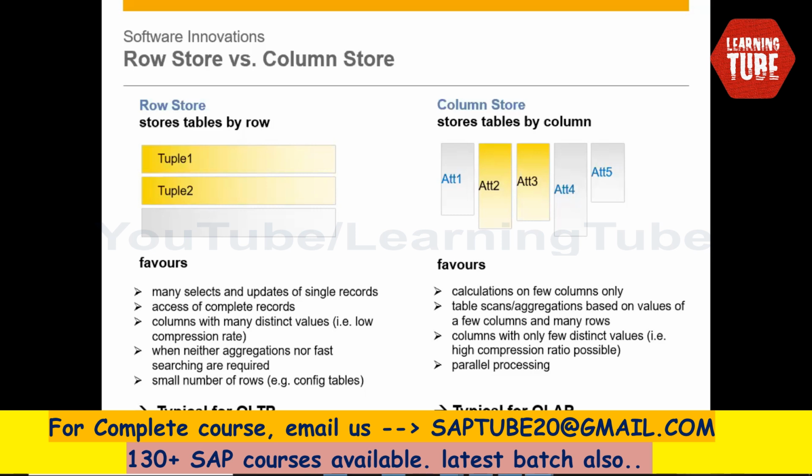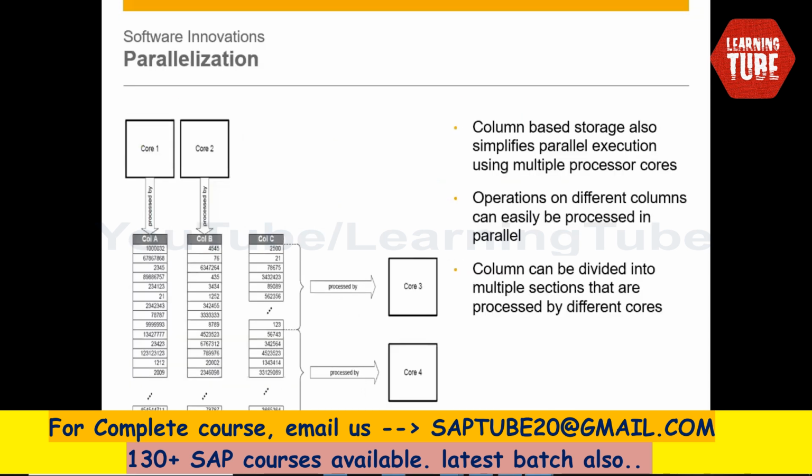I want the complete consolidated information. So multiple records will be read, multiple records will provide the information. So here OLAP will be used. For online analytical processing, column storage will be used, and for online transaction processing, row storage will be used. This is the first part of the software innovations.